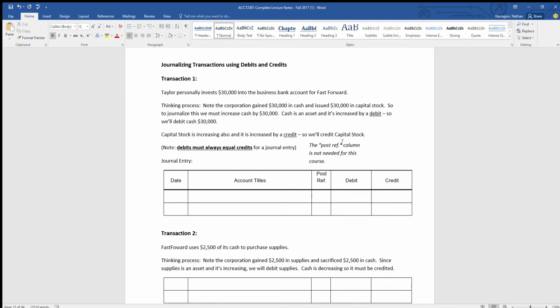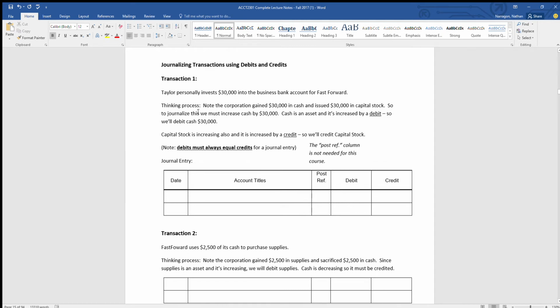Again, Taylor personally invests $30,000 into a business bank account. So we have common stock and cash. Common stock is going to increase by the $30,000. Cash, we gain that, we take ownership of the cash. That's also going to increase.